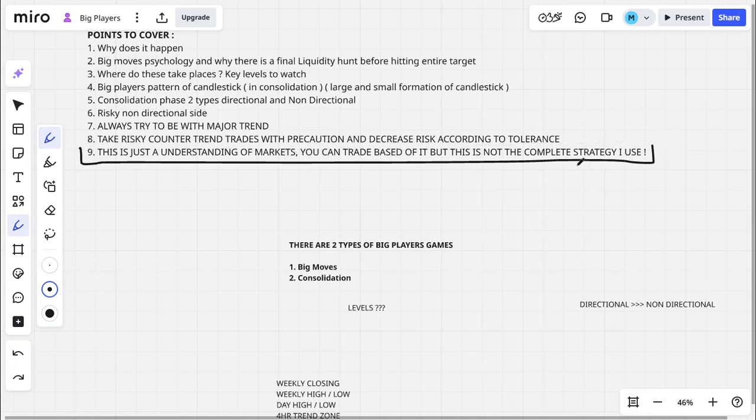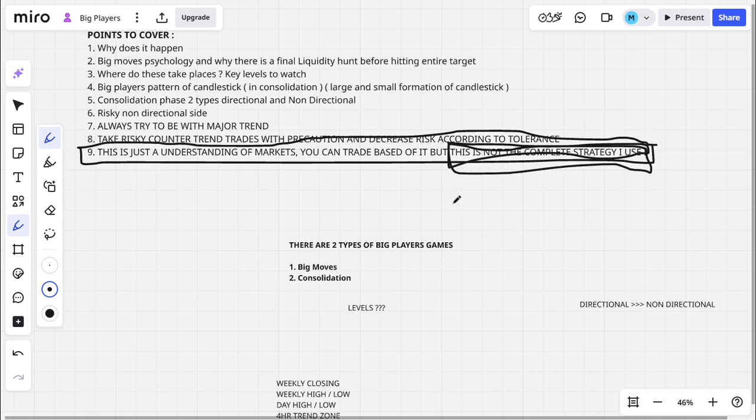Once you get advanced on it, you will be able to trade just this theory, but not initially, guys. And this is not the complete strategy I use. Trust me, this is not the only thing which I look at in my strategy.